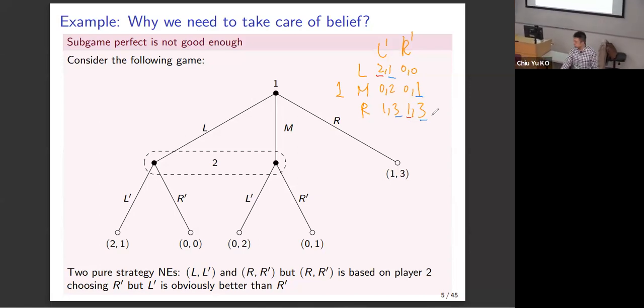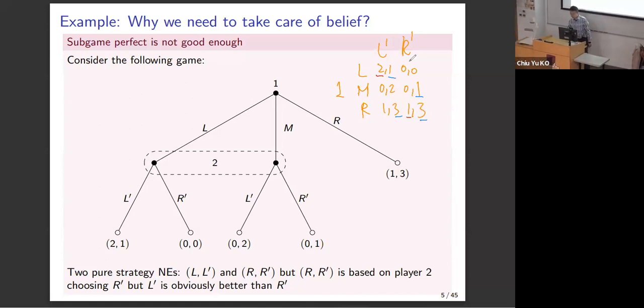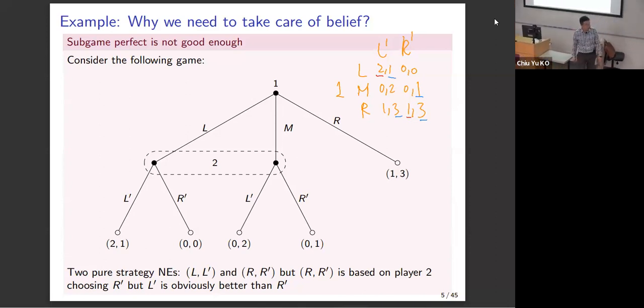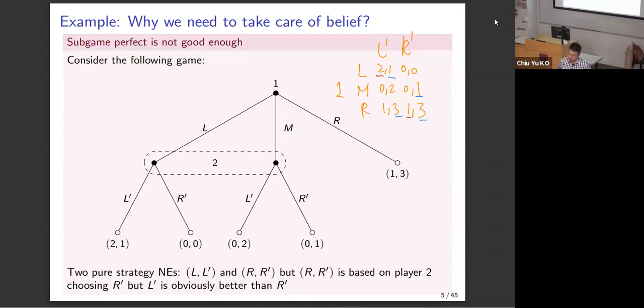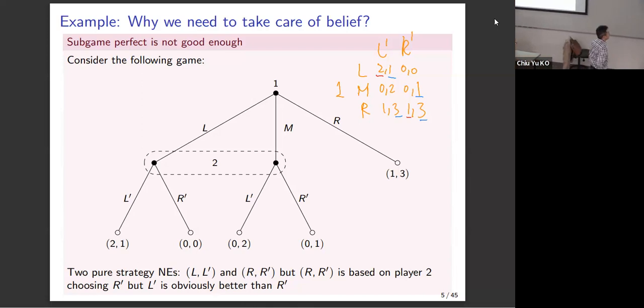And economists have been arguing that R prime is unreasonable. Why? If you are player two, you look at yourself and ask: what am I doing, L prime or R prime? And you think the following.